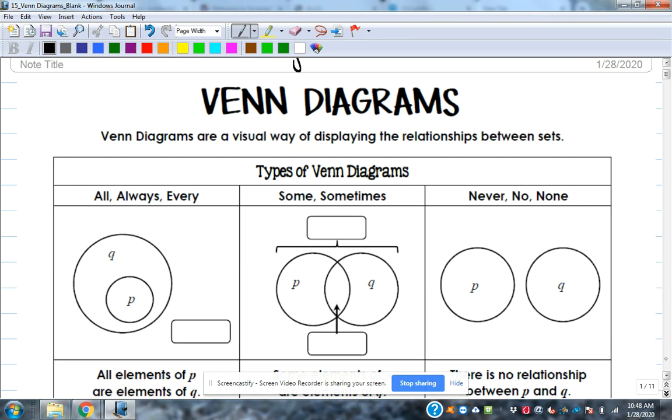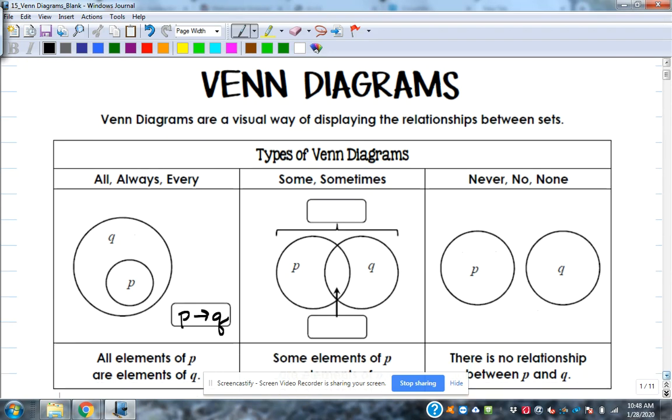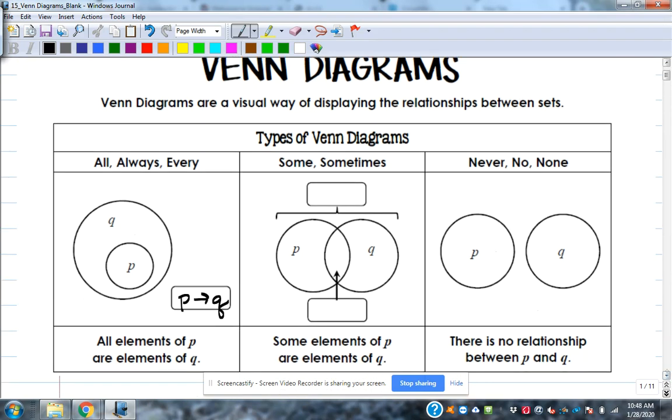Yes. So it's an implication that if you're part of P, then you're part of Q when the Venn diagram looks like that. If you fall into the smaller circle inside, then you automatically fall into the larger circle. So it's an implication of belonging there. All the elements in P are elements of Q.